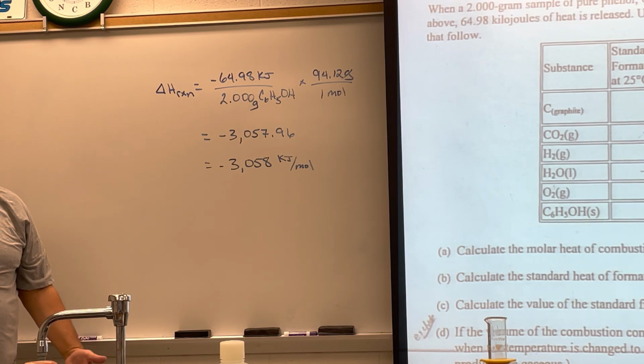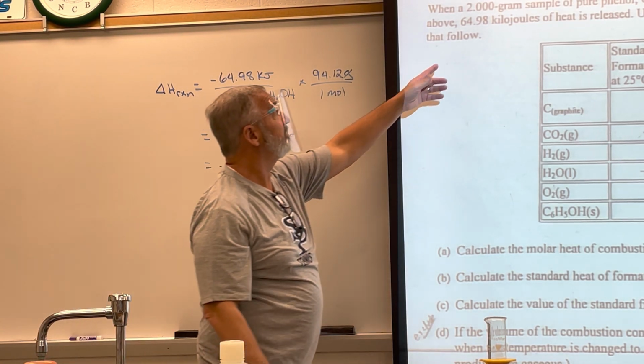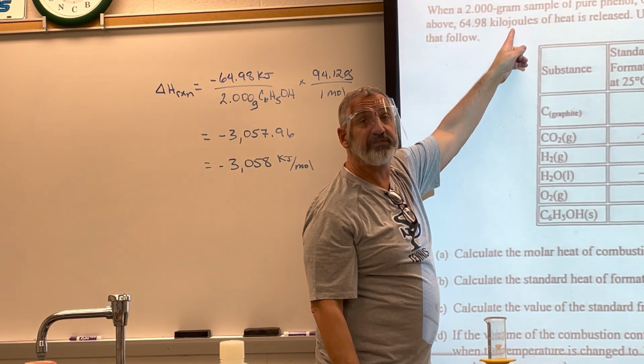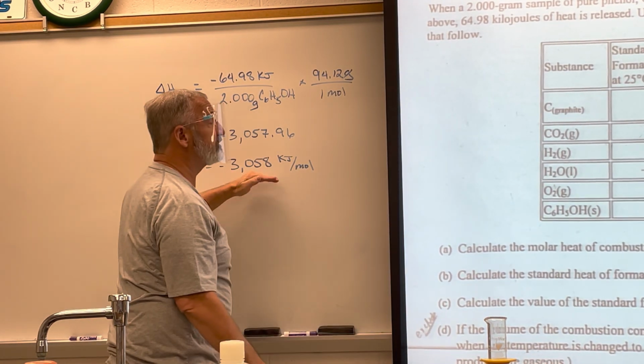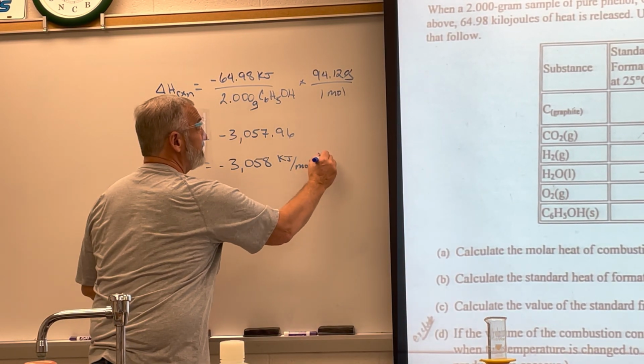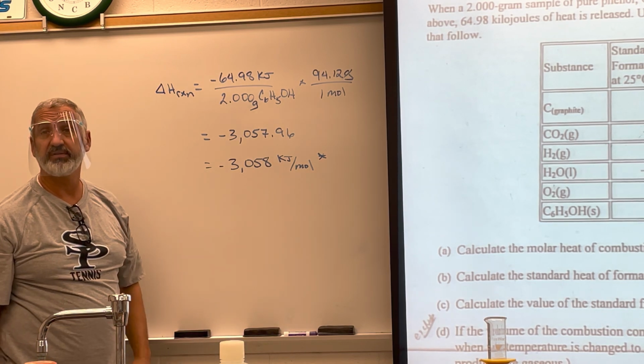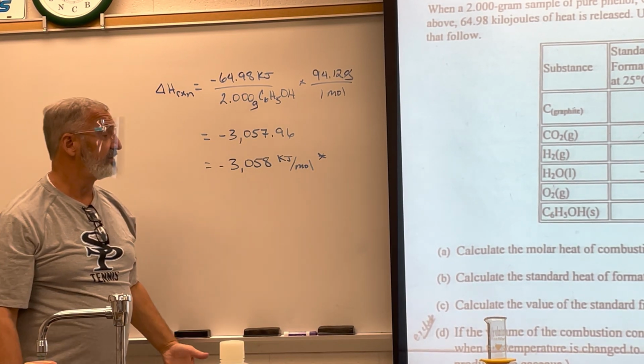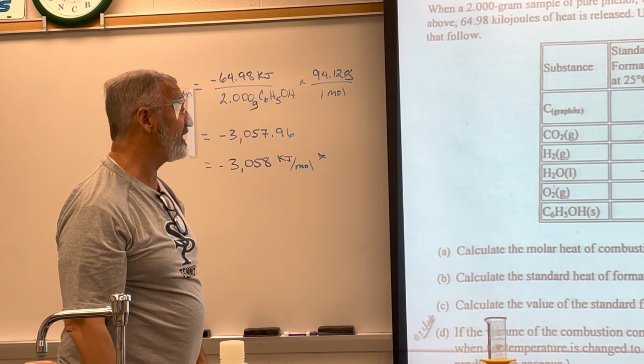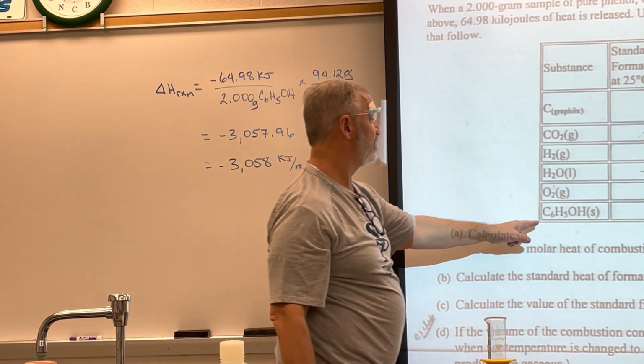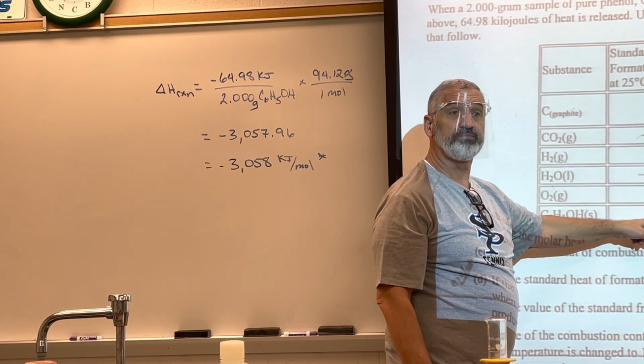So that's a stoichiometry type problem. You're given an amount, you're given a heat released, here's your conversion factor. Now we have kilojoules per mole, a conversion factor between kilojoules and moles. Now, B, calculate the standard heat of formation of phenol. Now I need to find this value.